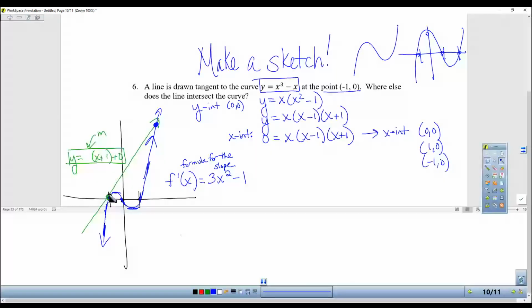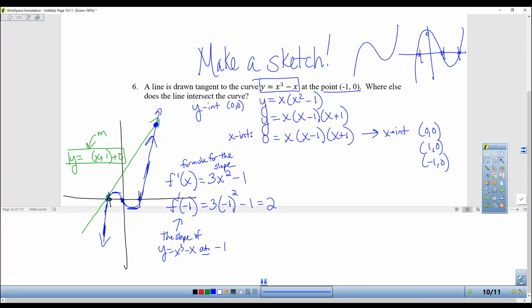I want to know what it is right there. Okay? So I'm going to plug in -1. This means the slope of y is equal to x cubed minus x at -1. That entire sentence is in this little expression, 3 times -1 squared minus 1, which is 2.